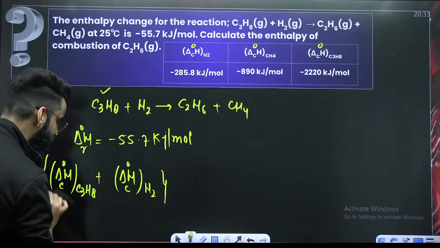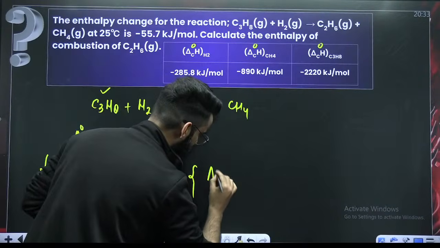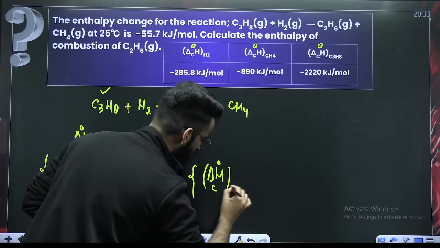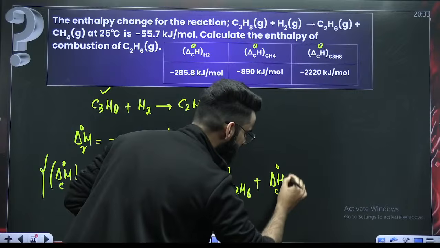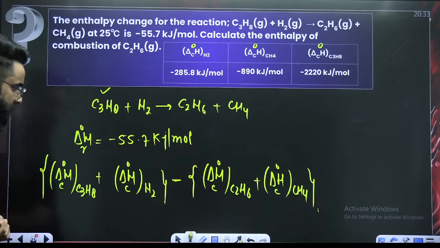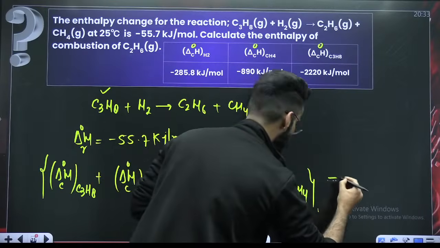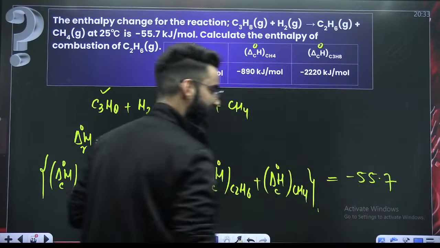Minus the enthalpy of combustion of products: the enthalpy of combustion of C2H6 plus the enthalpy of combustion of CH4. This whole term, as per the question, has a value of minus 55.7.